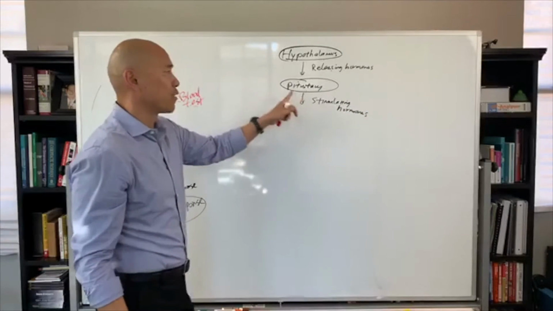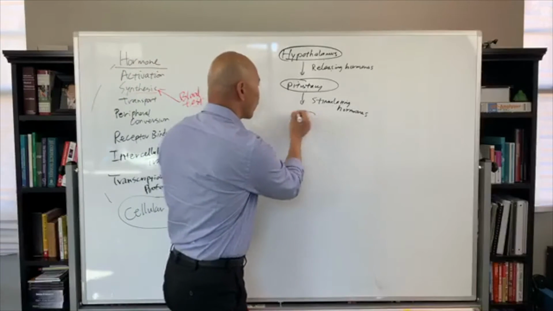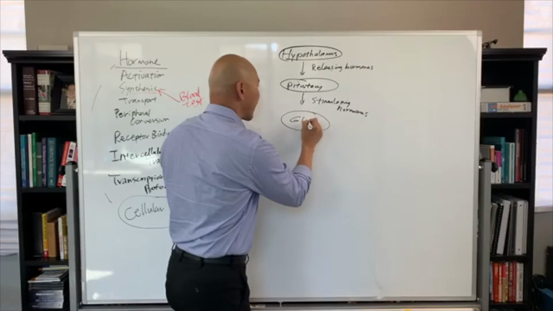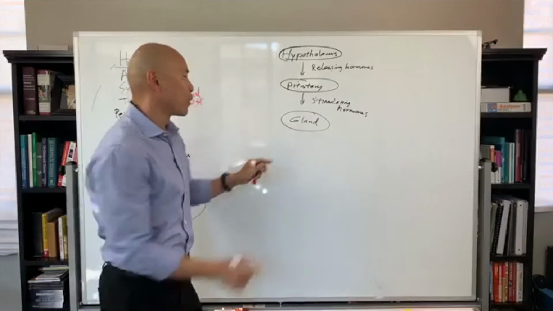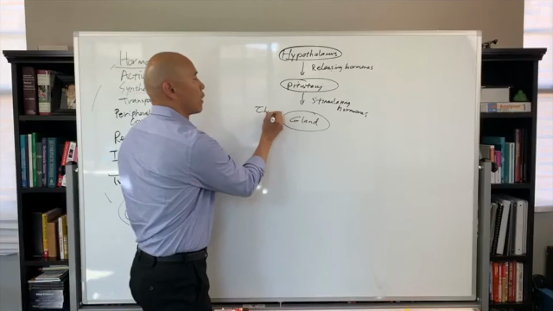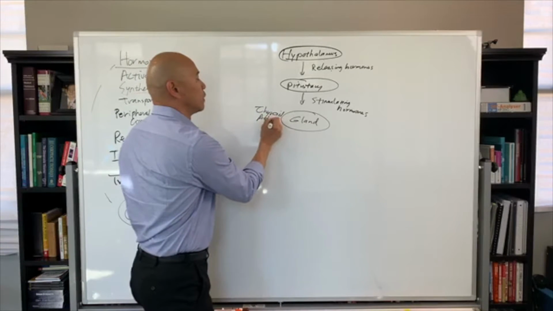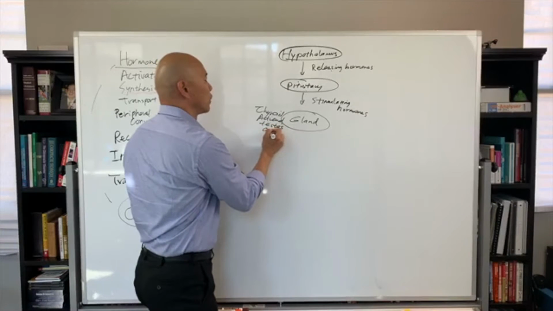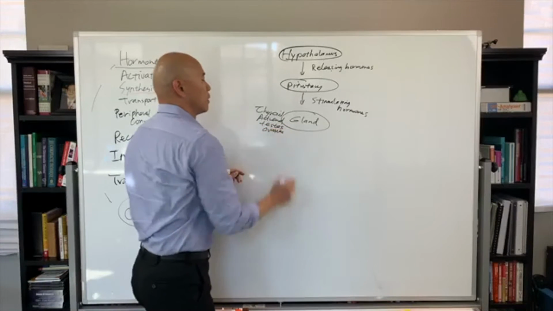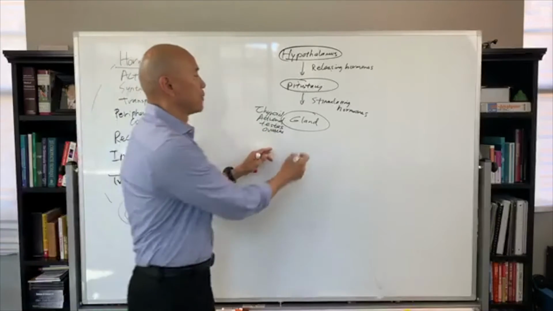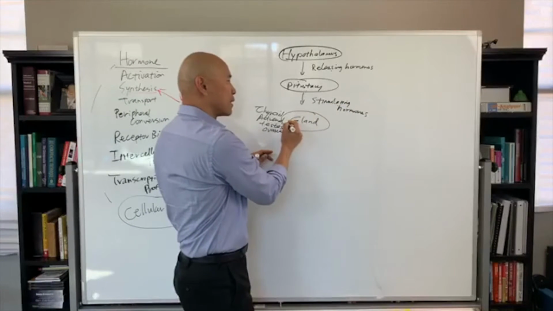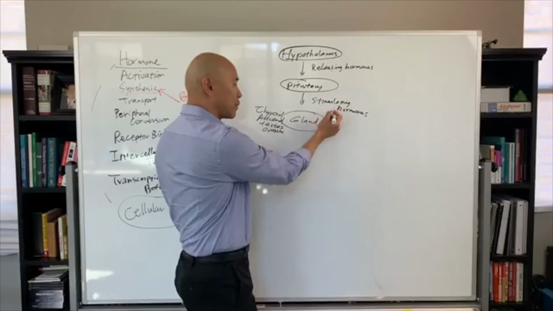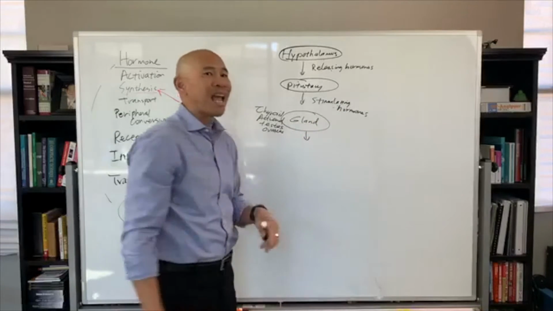And these stimulating hormones from the pituitary gland will stimulate the actual glands themselves, whether it be the thyroid, adrenal, your testes, ovaries, right? These endocrine glands, when they are stimulated by the stimulating hormones, will produce the actual hormones.